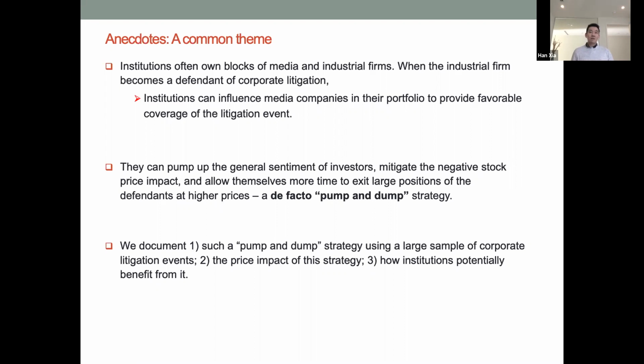It is different from other agents' information like ratings or analyst recommendations, which are usually based on hard information. Here, we're talking about soft information. So at least in our opinion, there's nothing illegal that they're doing.